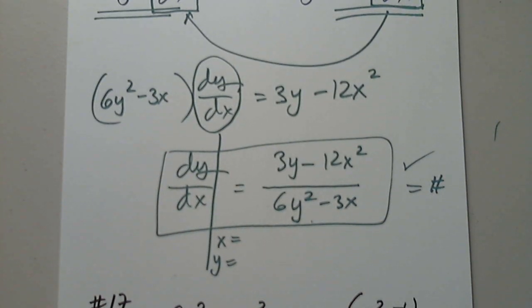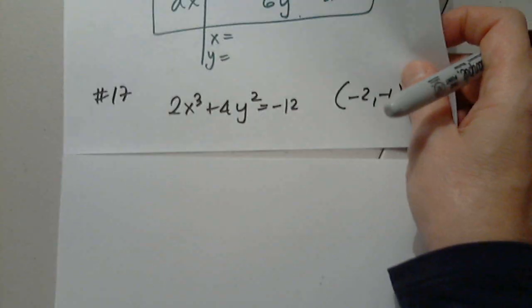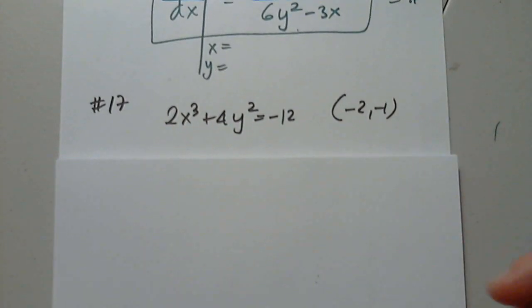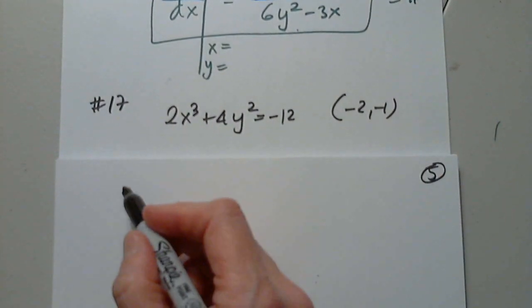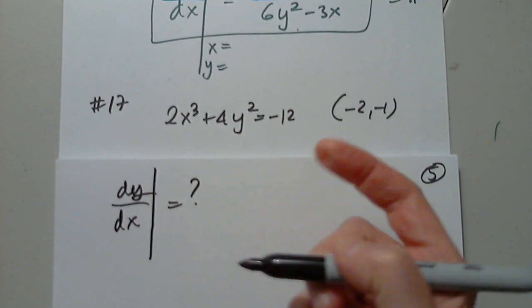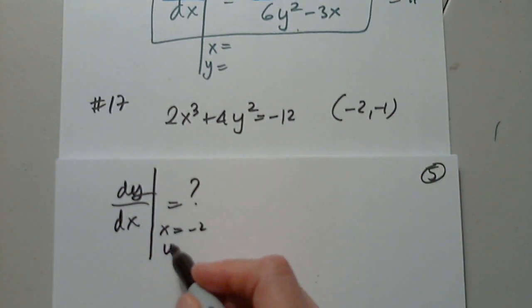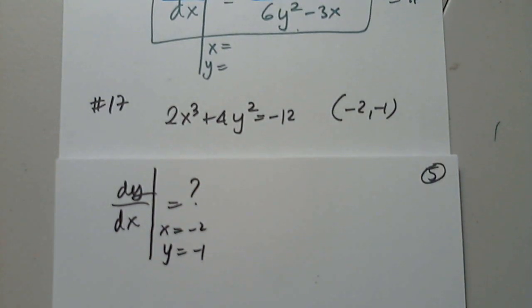Okay, perfect. So they want us to find dy over dx, and then evaluate it when x is negative 2 and when y is negative 1.